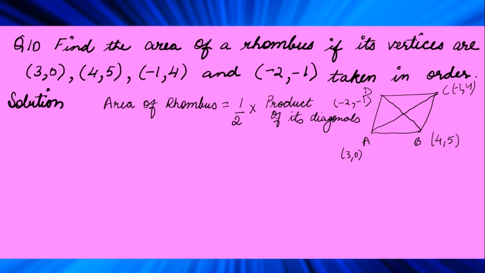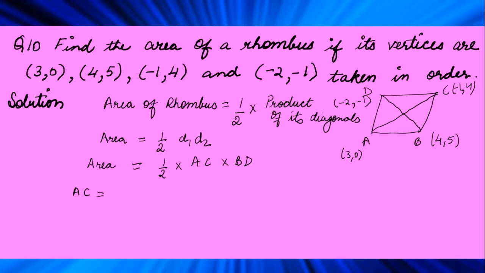Yes, or you can write area equals half d1 d2. Or you can say half into AC into BD. Yes, these are your diagonals. Now you should know the diagonals, so use the distance formula and find out the diagonals.